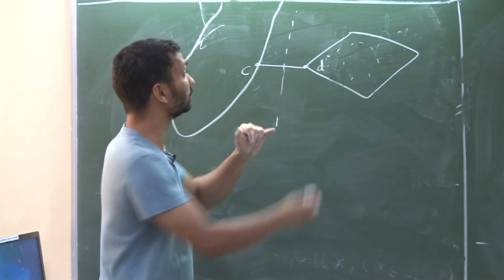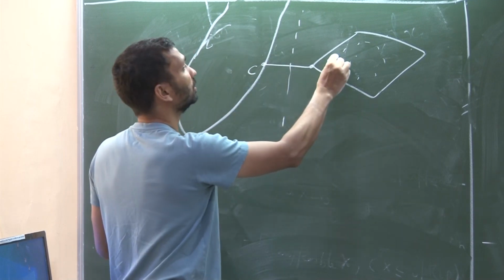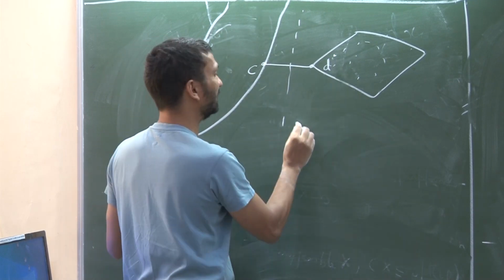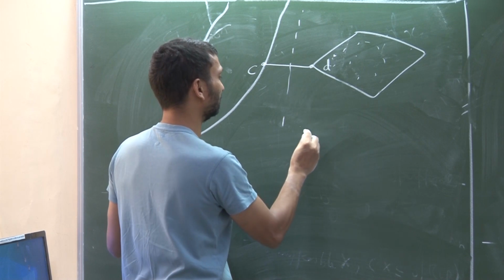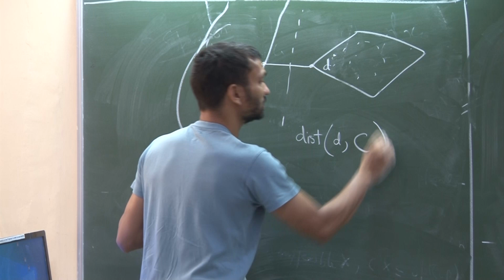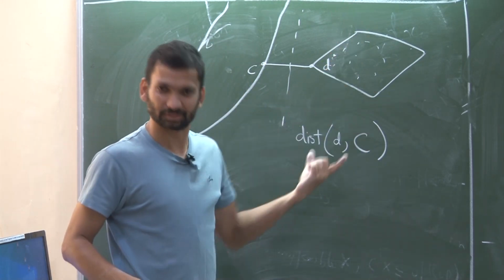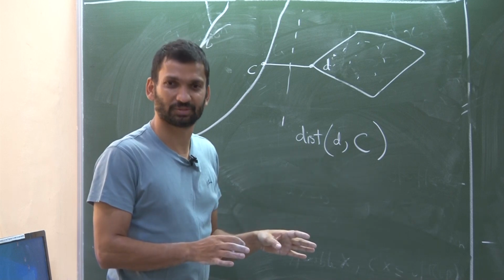The distance from the closest point in this closed body. So for any d, I define it to be distance between d and c, which is the minimum over c, and this from the lemma I studied in the beginning, this is a well-defined function.